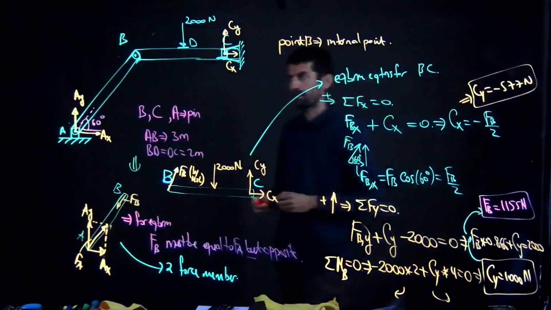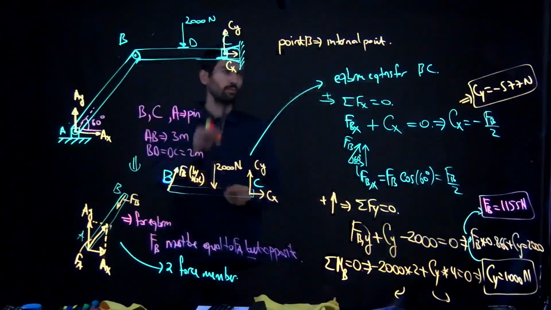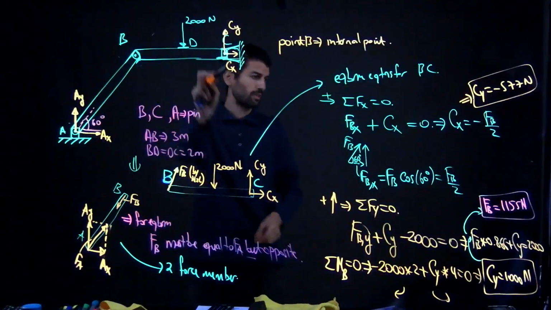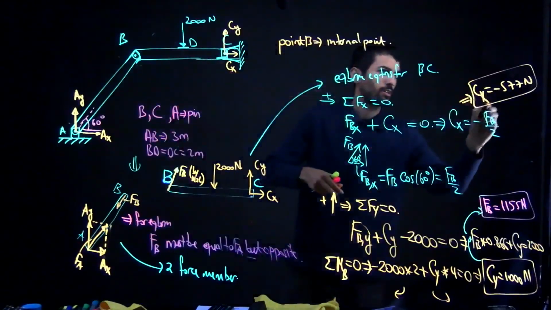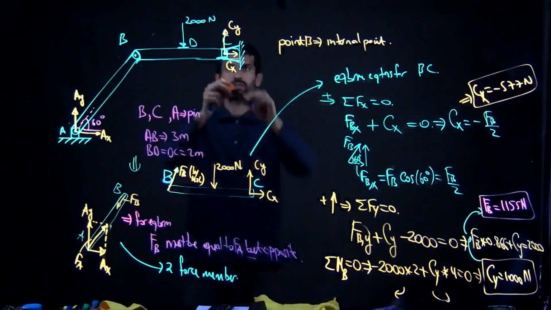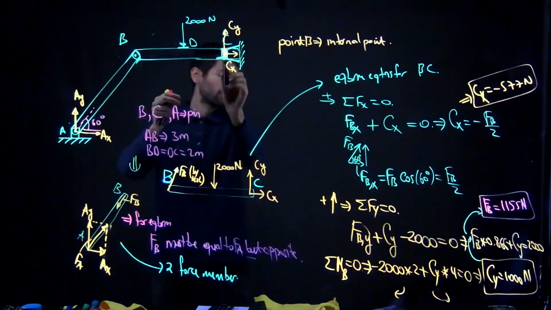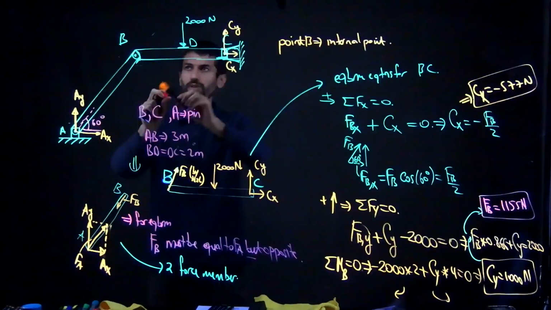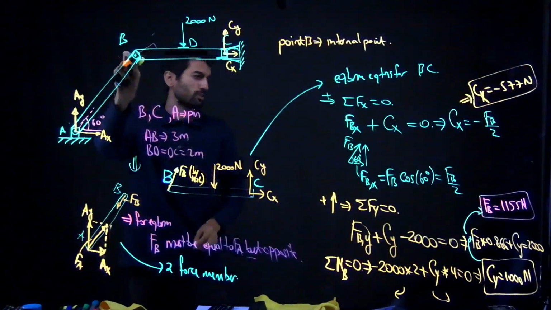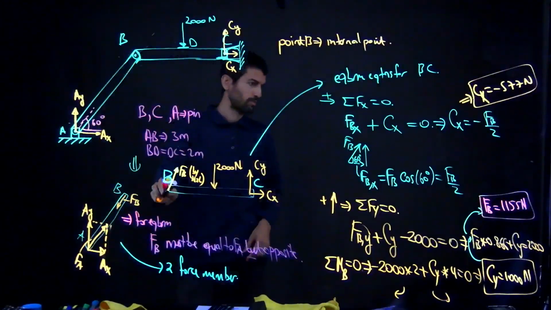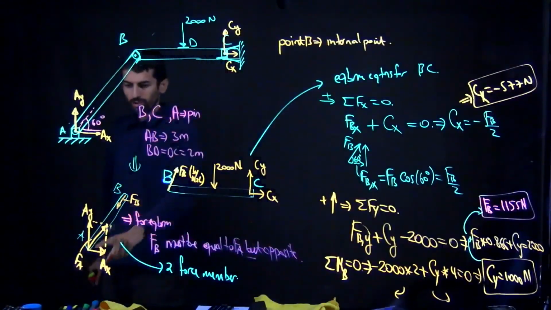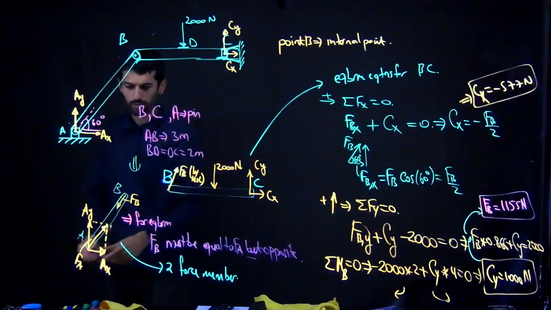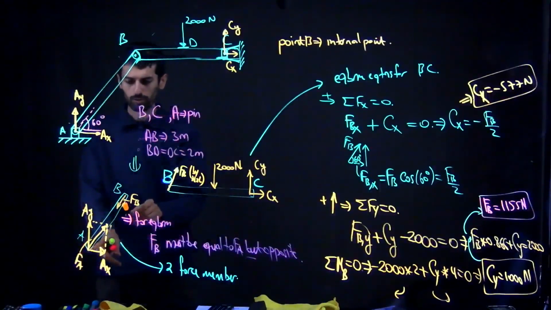It means the Cx is this way, Cy is positive, FB is positive. So from here we can find the FA as well, which is equal and opposite to FB.